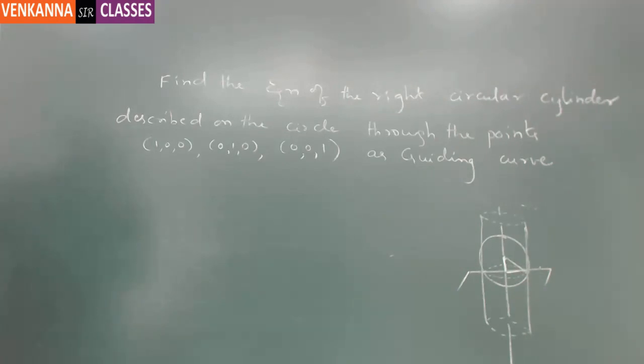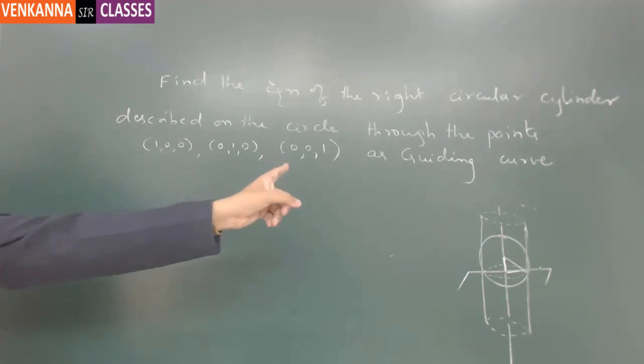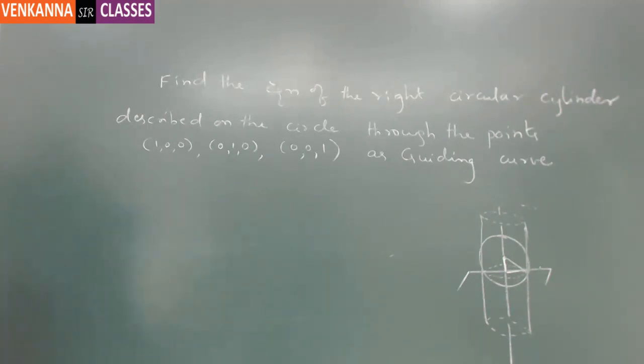Okay? Are you getting the idea behind it? So here we have to understand that the circle is obtained by the 3 points. In other words, those 3 points are lying on the circle. So without knowing the base curve, we cannot define the cylinder, isn't it?